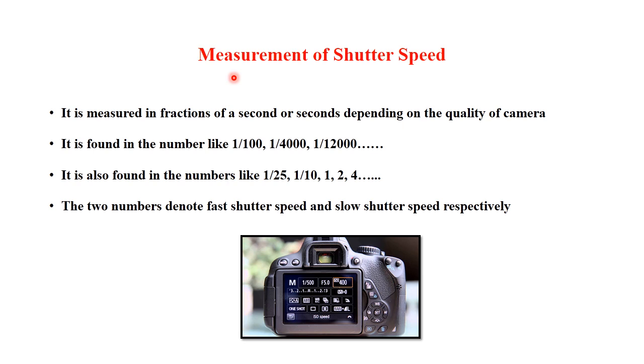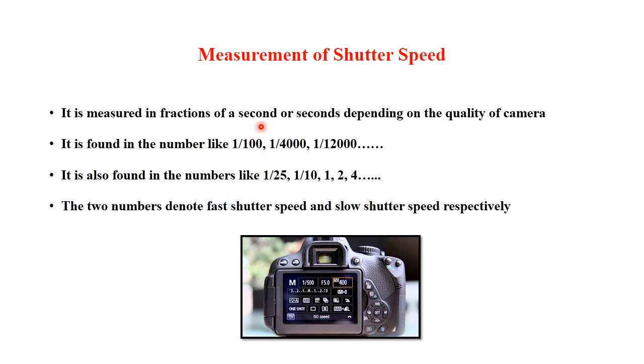So let's discuss the measurement of shutter speed, another very important aspect. We say that when we want to measure shutter speed, we measure it in fractions of a second or in seconds, depending upon the quality of the camera, right?